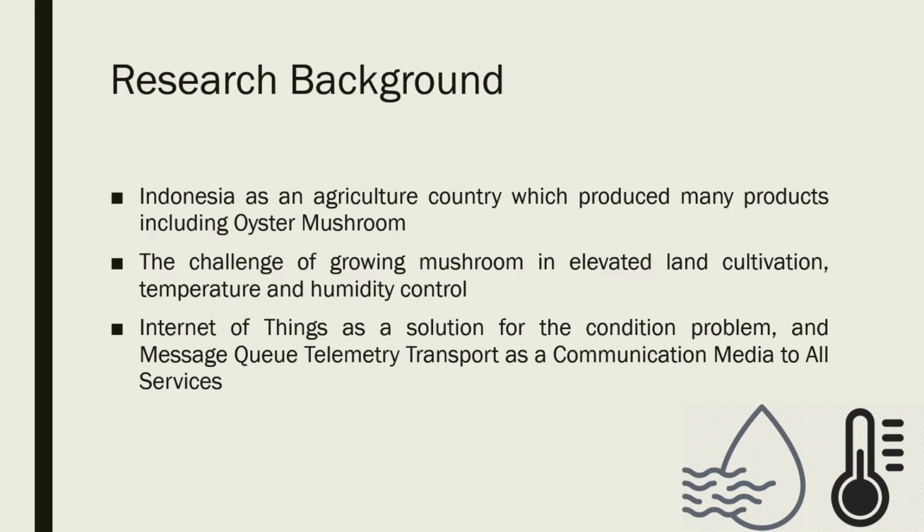Hence, our research offers a solution where Internet of Things becomes the solution for regulating the condition inside the cultivation, especially the humidity and the temperature. Much information inside the cultivation will be transferred to the central server via Message Queue Telemetry Transport as communication from the IoT device to the farmer, using many devices.